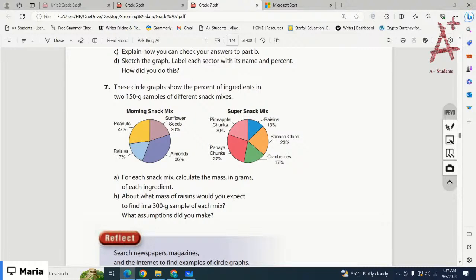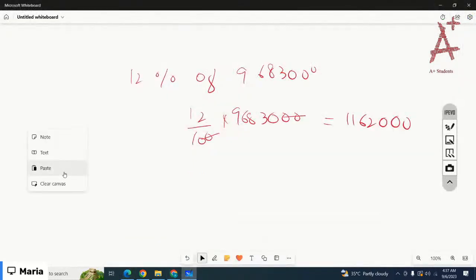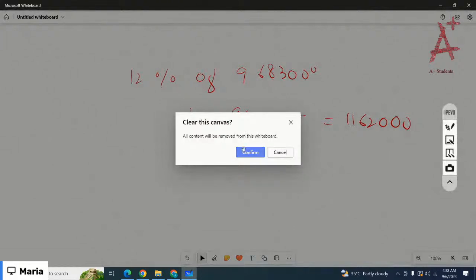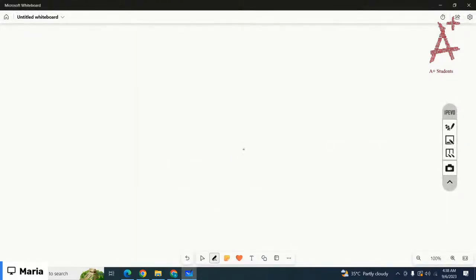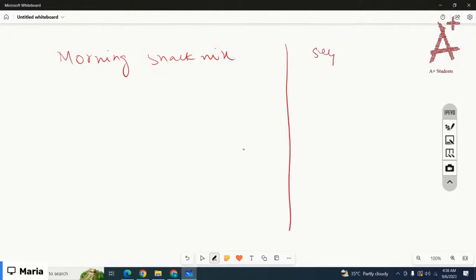For the total value would be 150. Let's just start with morning snack mix: 27, 17, 20, and 36. On this side I'm going to do the morning snack mix, and here you have the super snack mix.